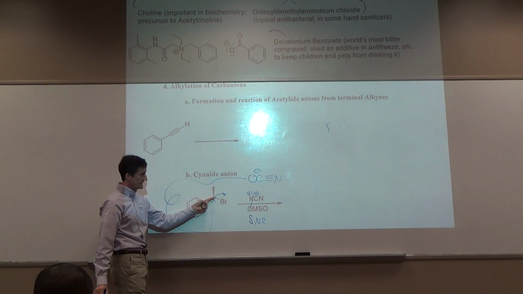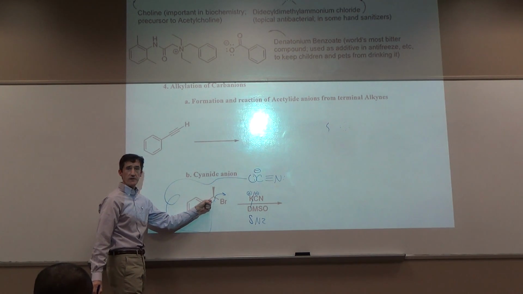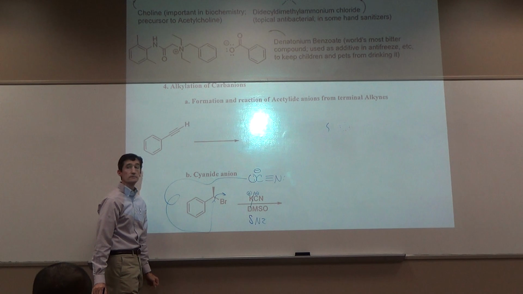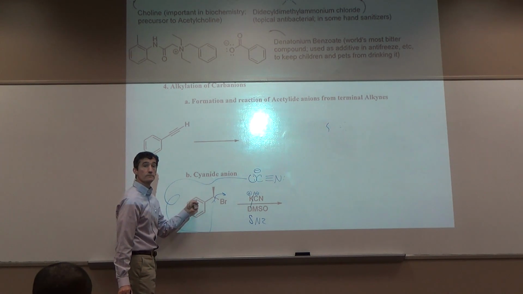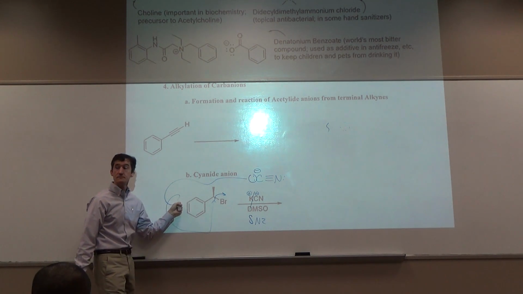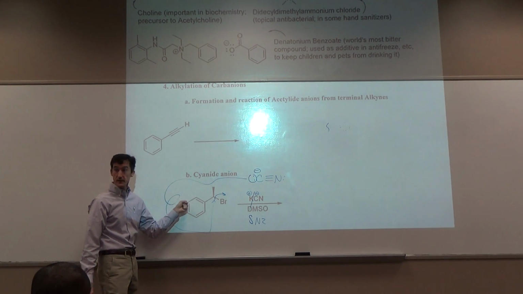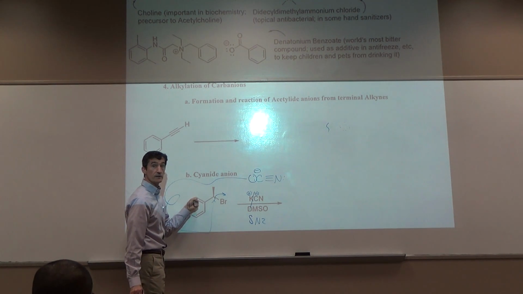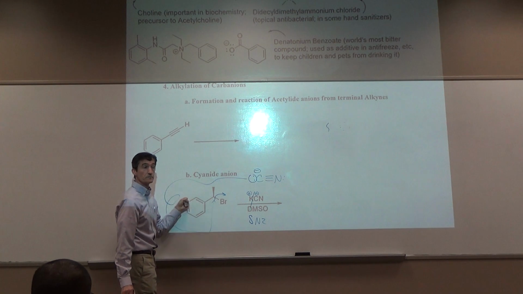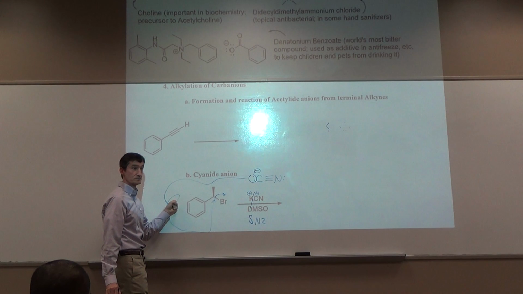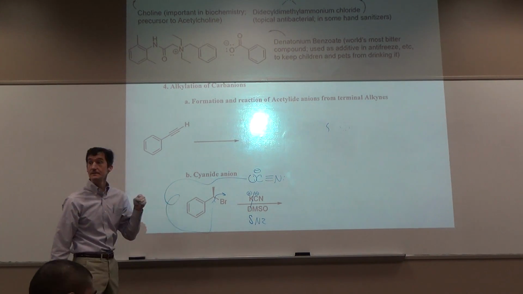Now we're going to have a cyanide attached to this carbon, but I'm showing stereochemistry. What do we expect in terms of stereochemistry? Backside attack, right? What do you expect in terms of stereochemistry here? SN2 gives? Starts with an N. Somebody?